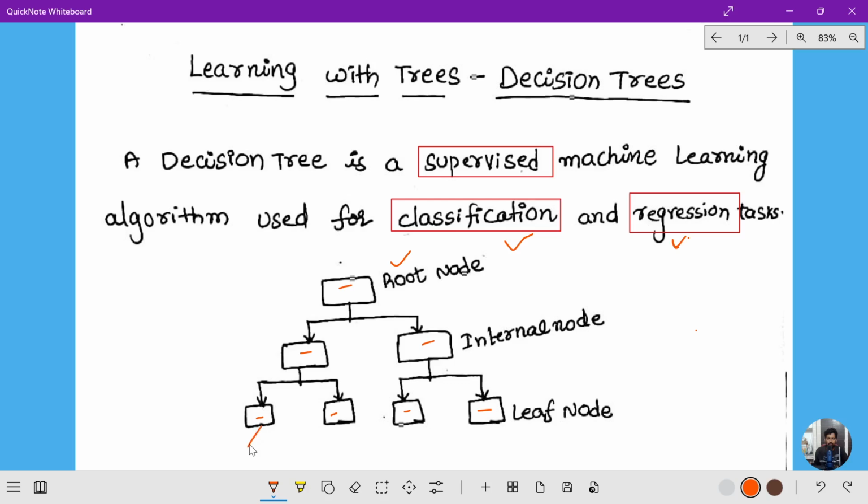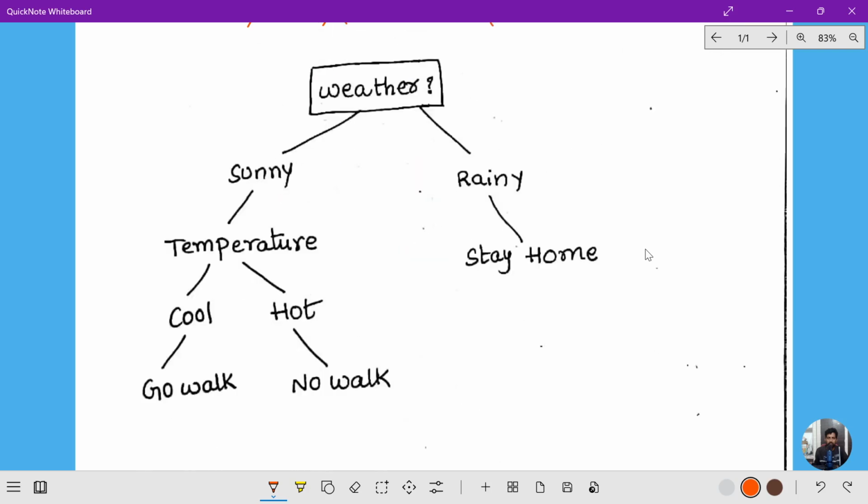You observe there is no left and right here, and here, and here. So these are called leaf nodes. Okay, so this is called a decision tree. So what is the purpose of this decision tree? It is used for classification and regression. Okay, so let us move forward.